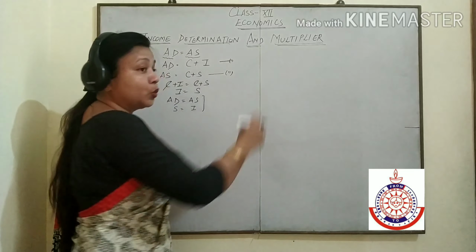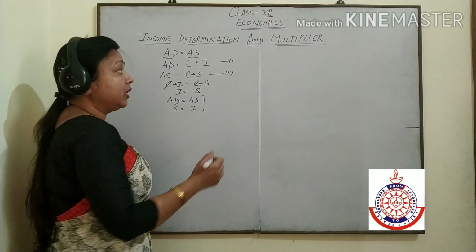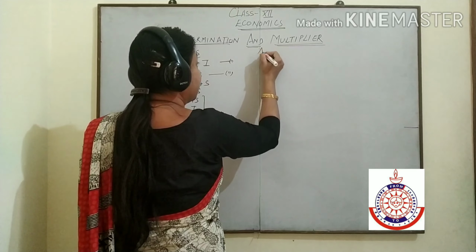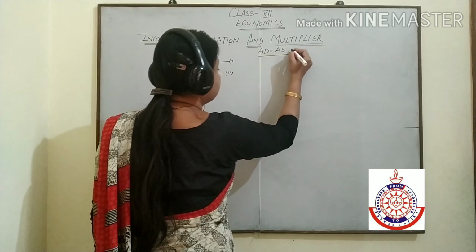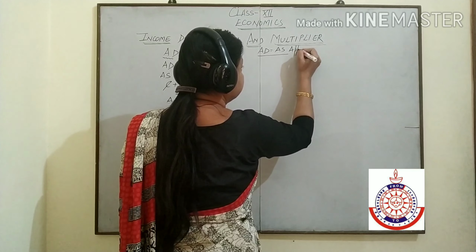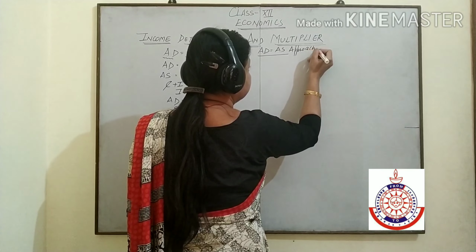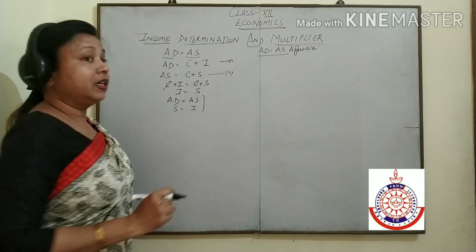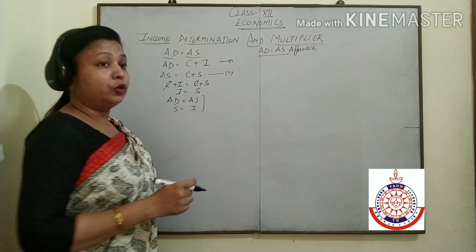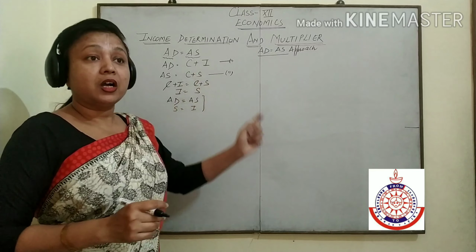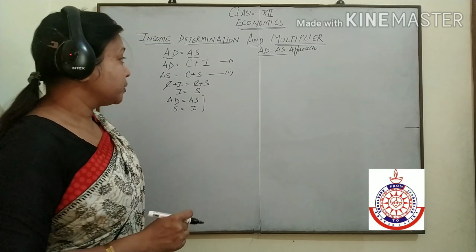Now I am showing all these things with a table. First we are taking the aggregate demand and aggregate supply approach. Aggregate demand, I already told you, is done by the household sector and the producer sector.